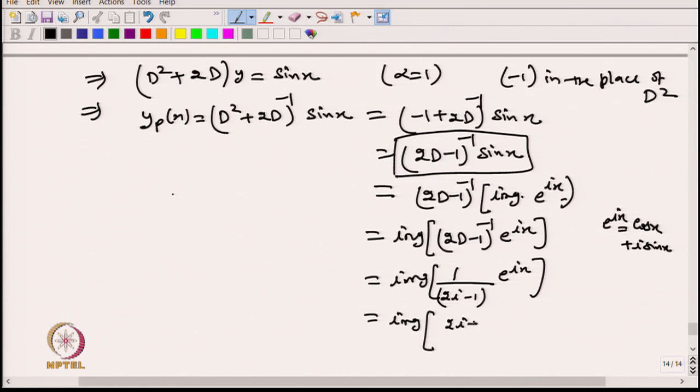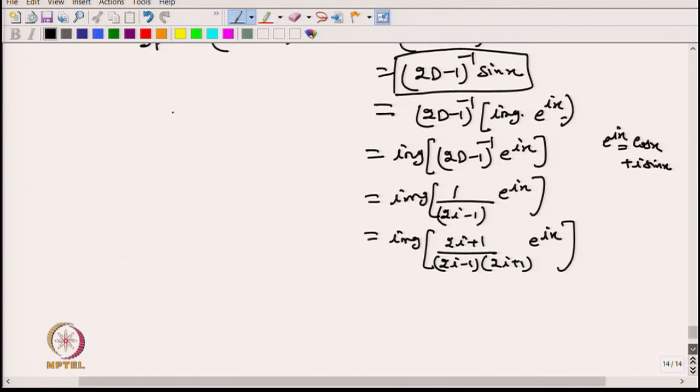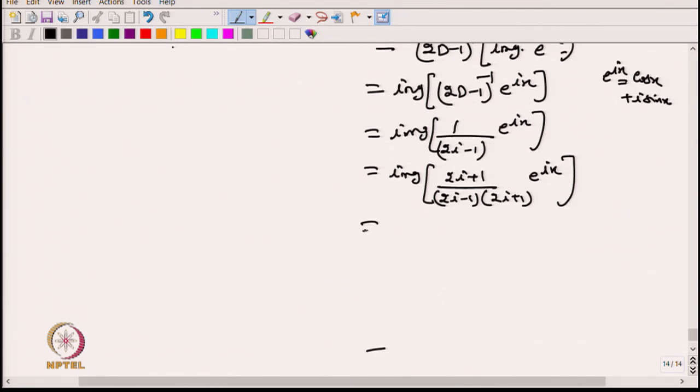I simplify this one, multiplying and dividing by 2i plus 1, e^(ix).